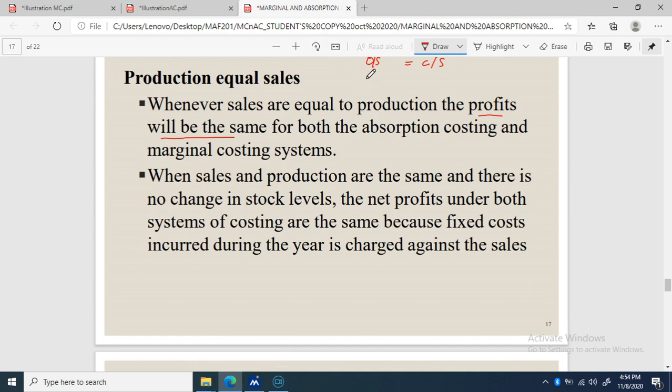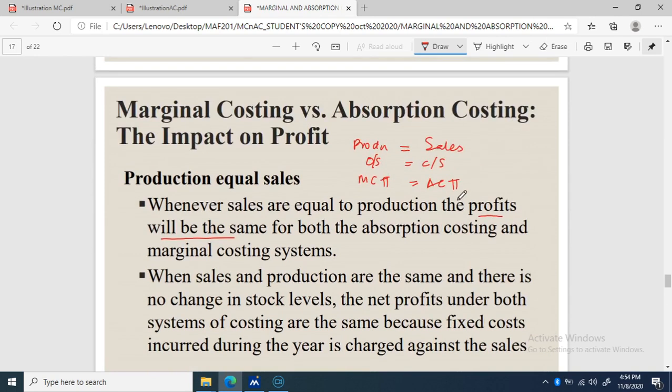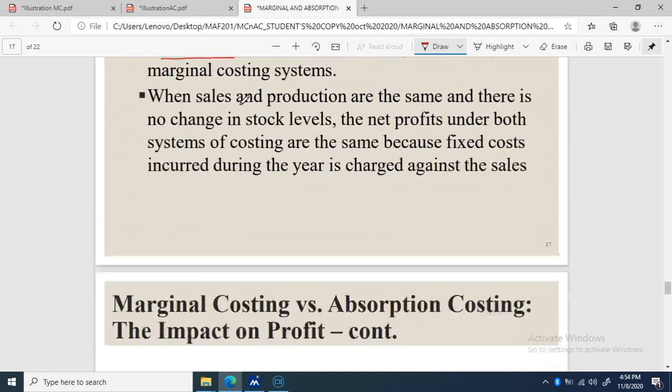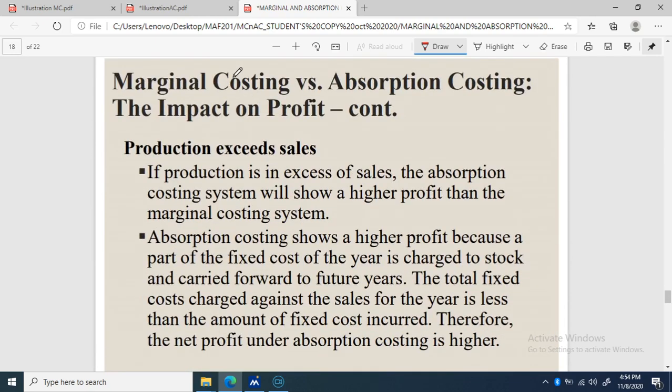So the marginal costing profit is equal to absorption costing profit. So this is the first situation. If we refer to the illustration, this is the period 1 situation, P1.